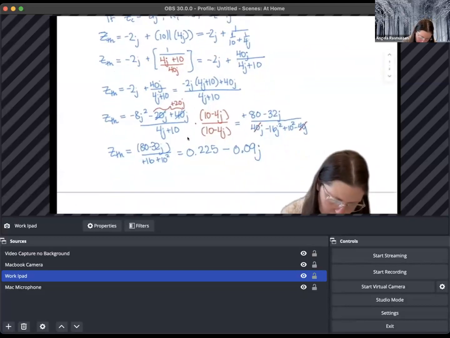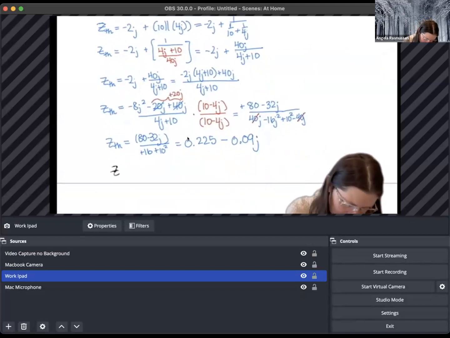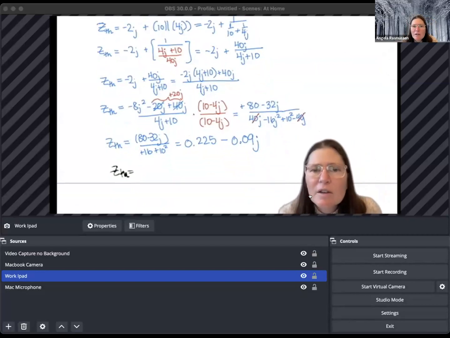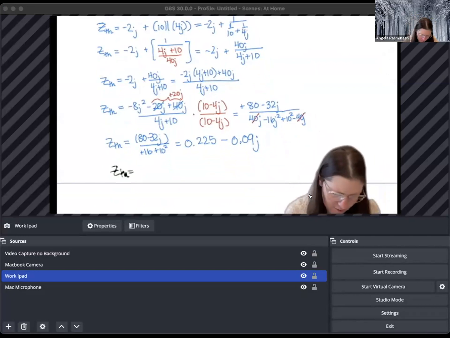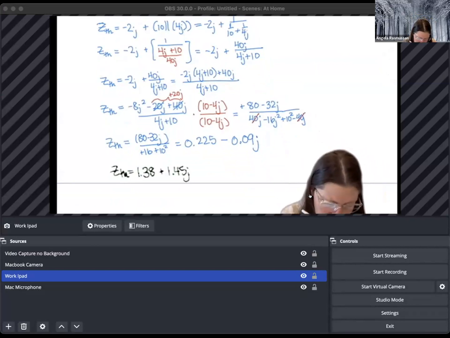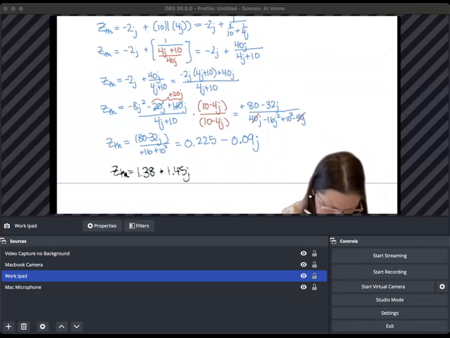I did something wrong in my math, because Wolfram says that this is equal to 1.38 plus 1.45J. I have 1.38 minus 5.45J, but I could be wrong.